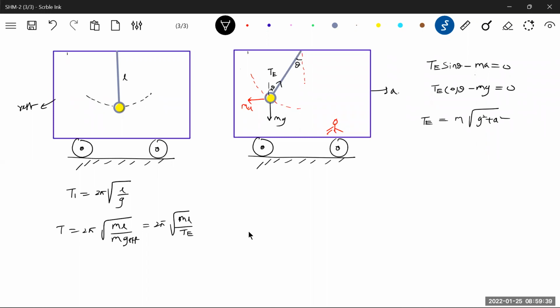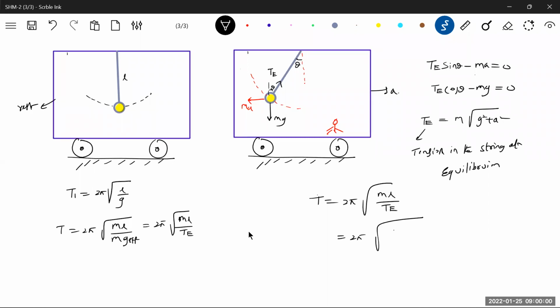So what is the tension in the string at equilibrium? What is the formula? ml by Te. The tension in the string at equilibrium is m root of g square plus a square.